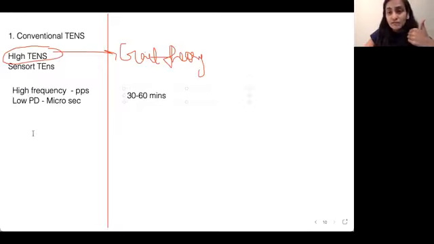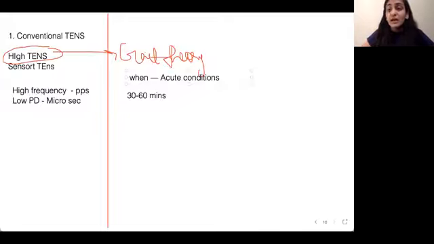Okay, great. Everyone good with the first type of TENS? When do we use conventional TENS? Every time with acute conditions, because if you have an acute condition, they really cannot tolerate the pain.